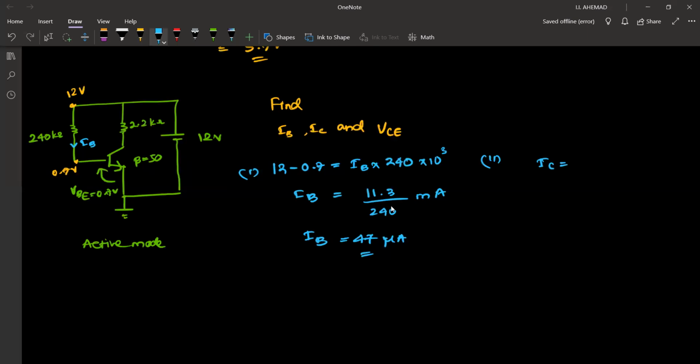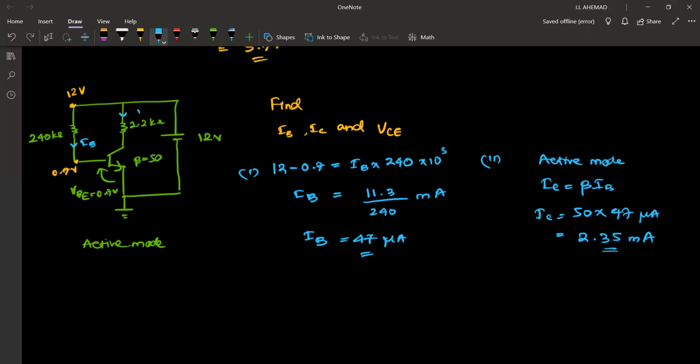Here it is in active mode. Therefore, we can write IC is equal to beta times IB. So IC is equal to 50 into IB, that is 47 microamperes. If we multiply, we get 2.35 milliamperes.